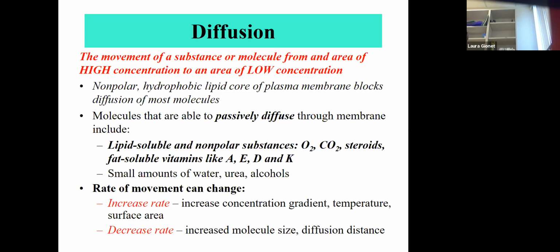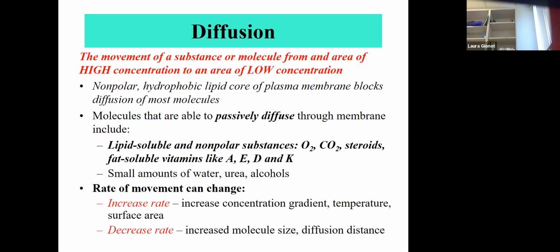The nonpolar hydrophobic lipid core of the plasma membrane blocks the diffusion of most molecules. Those fatty acid tails form a fatty layer around the cell. The molecules that are able to passively diffuse across the membrane include lipid-soluble molecules, the molecules that have a similar bond type as the fatty acid tails.